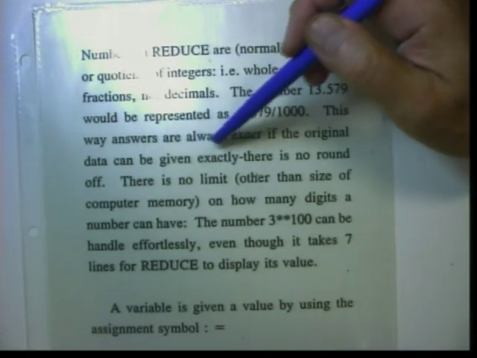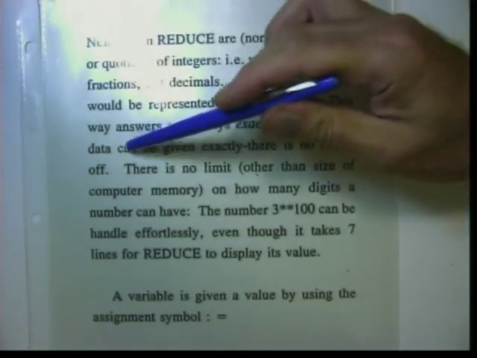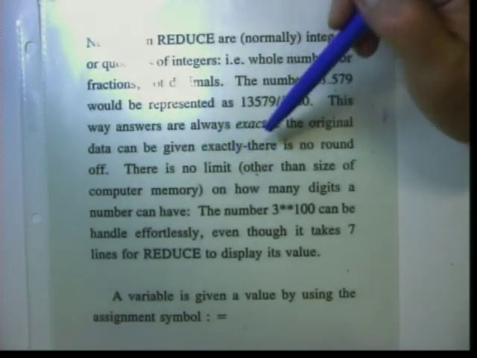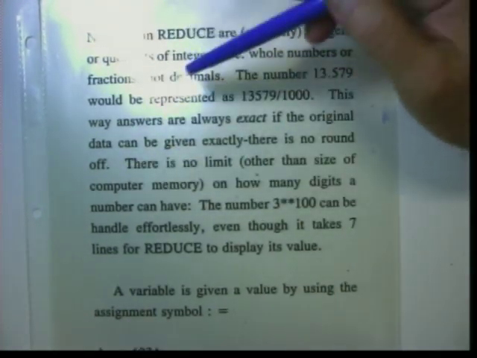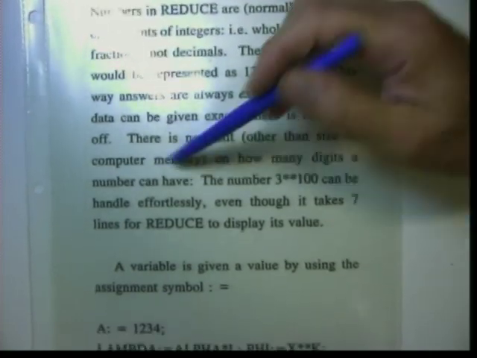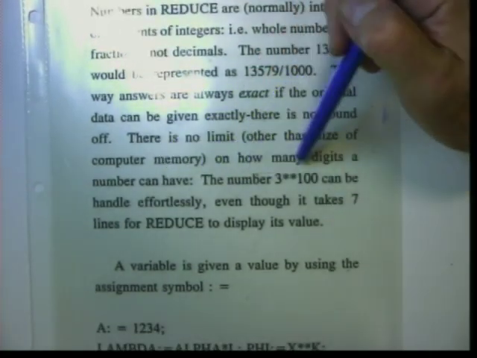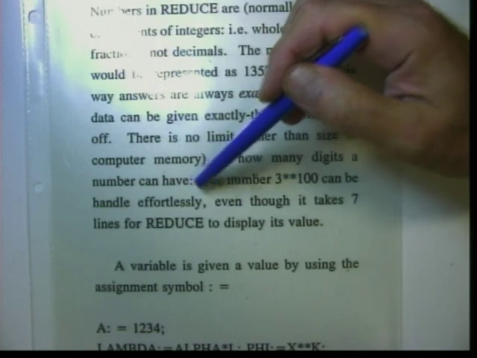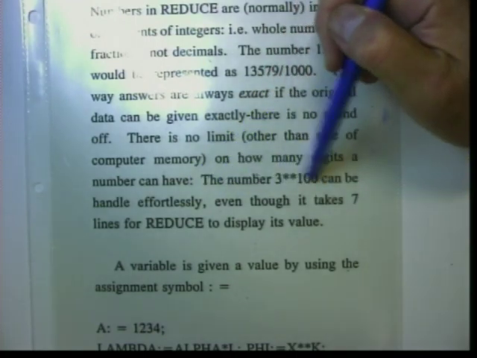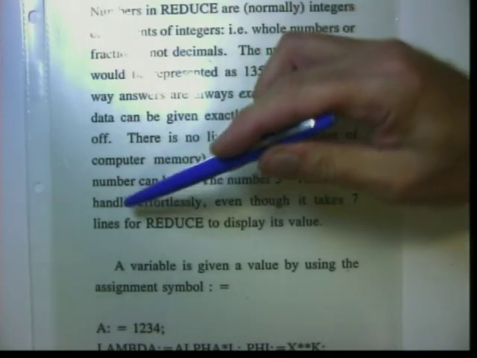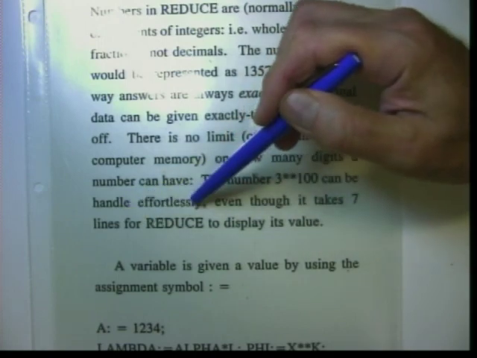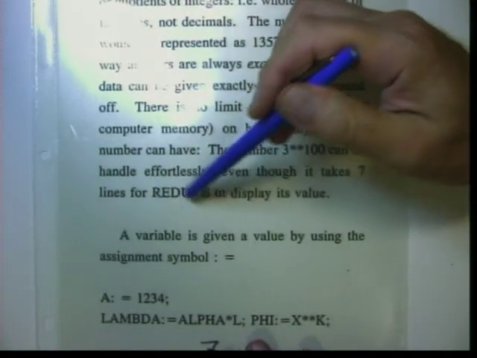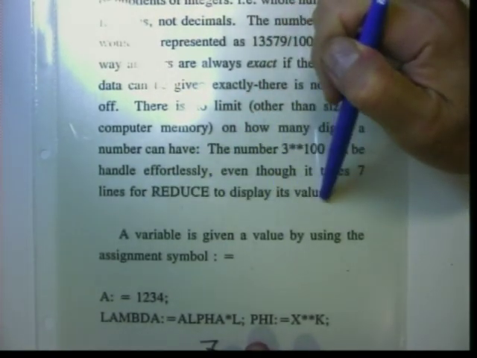This way, answers are always exact if the original data can be given exactly. There is no round-off. There is no limit, other than the size of the computer memory, on how many digits a number can have. The number 10 to the power 100 can be handled effortlessly. Even so, it takes 7 lines for Reduce to display its value.